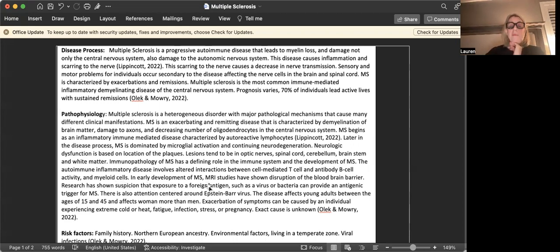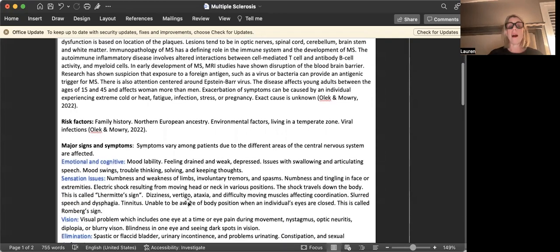In early development of MS, some studies have shown disruption of the blood-brain barrier, and research has shown suspicion of exposure to foreign antigens such as virus, bacteria that can provide an antigenic trigger for MS. There is also attention centered around Epstein-Barr virus. The disease affects young adults between the ages of 15 and 45 and affects women more than men.